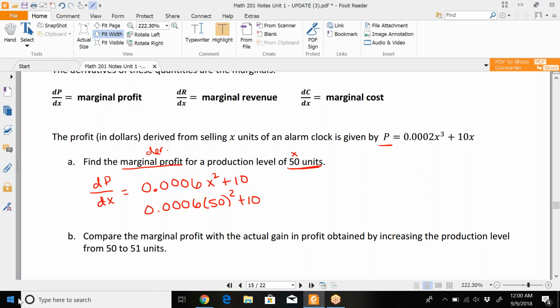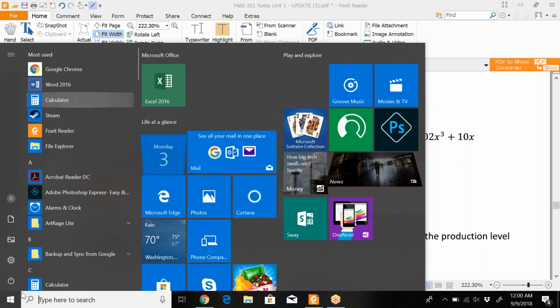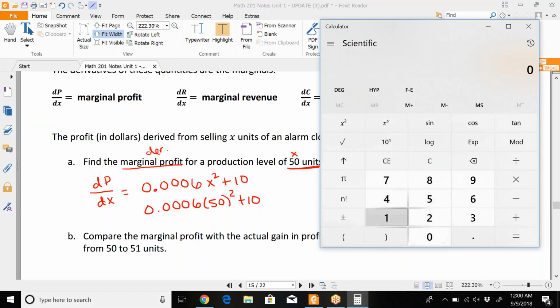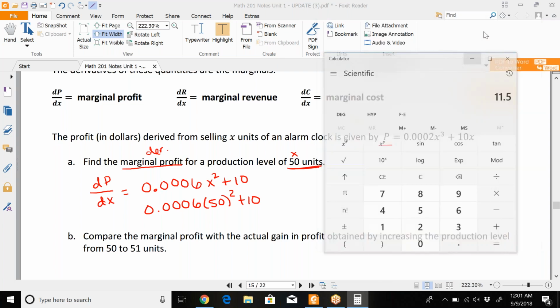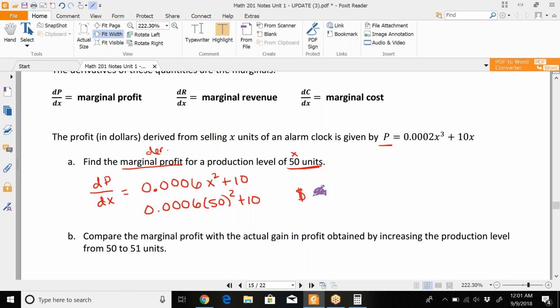So let's work that out on our calculator. So this is 50 squared times 0.0006, oops, too many zeros, and then plus 10. Looks like it's 1150. So we are estimating, remember the marginal profit's kind of the slope of the tangent.